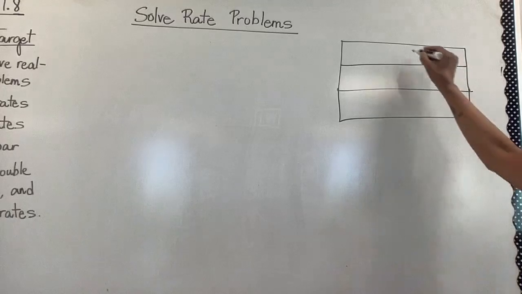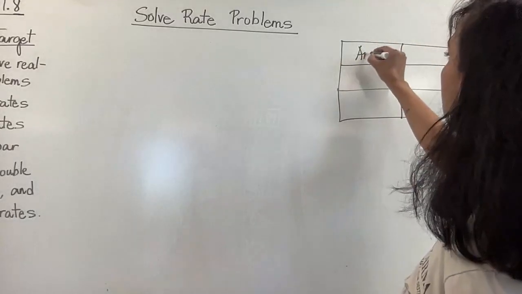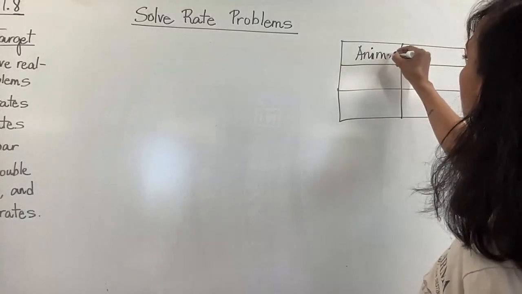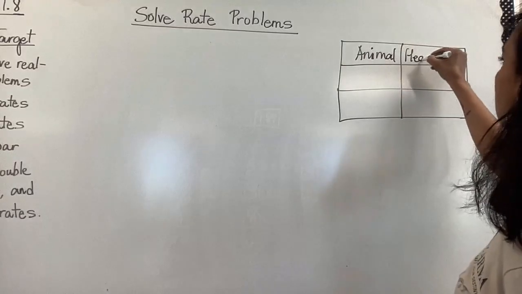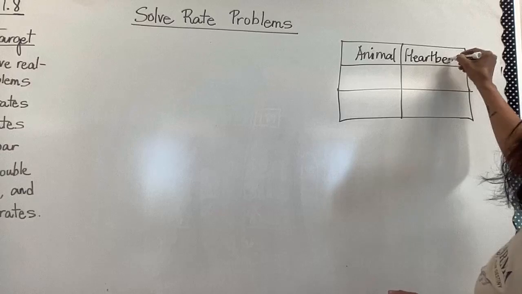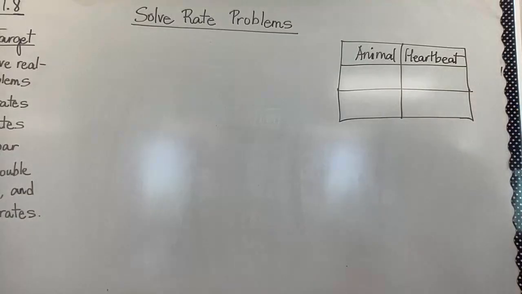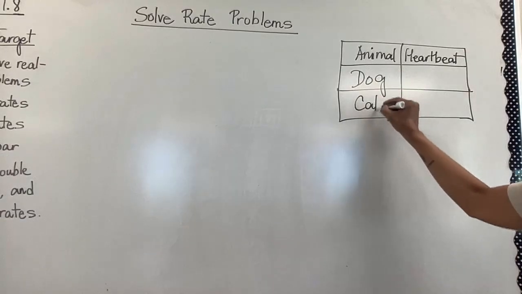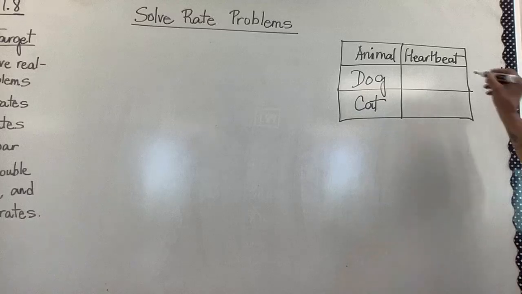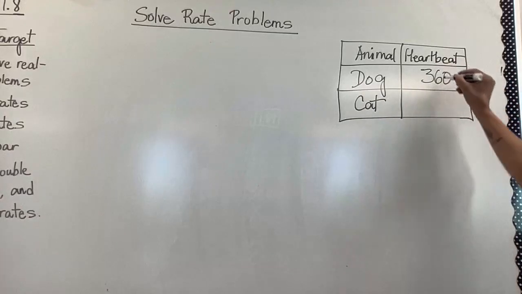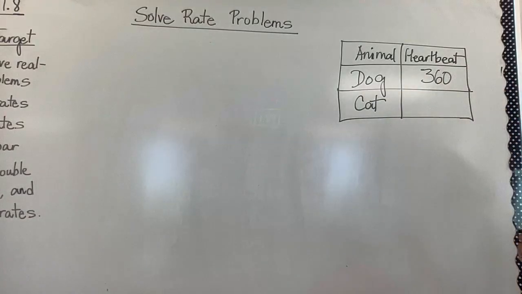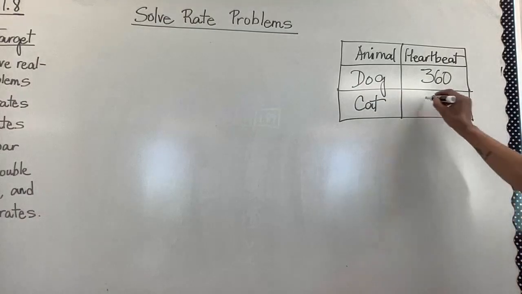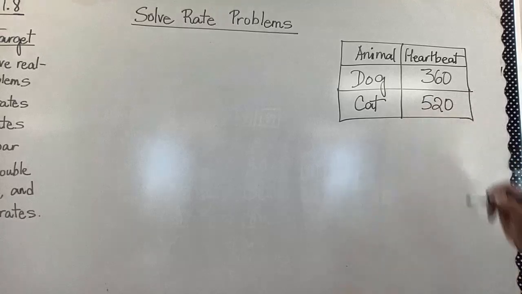And so we have the animal, and we have the heartbeat. The animal, we have the dog, and we have the cat, and the heartbeat for the dog is 360 for 4 minutes. For cat, it is 520 for 4 minutes.